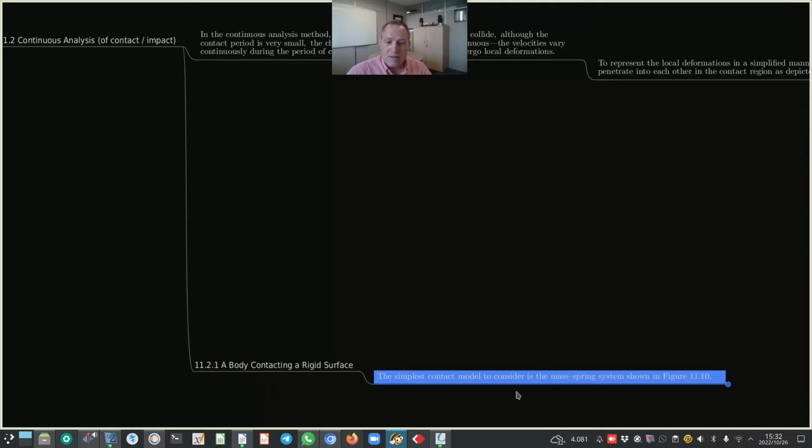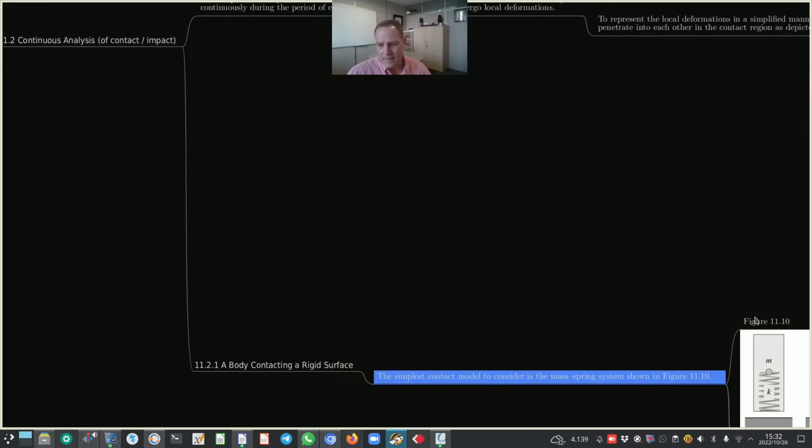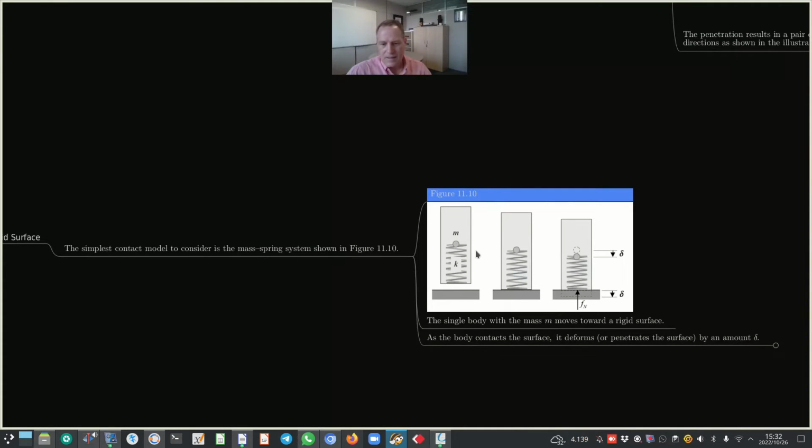The simplest contact model to consider is the mass spring system shown in figure 11.10. There are three schematics represented here, and we'll talk about each of them. The single body with the mass M moves toward the rigid surface. This is the left-hand side schematic. It is not making contact with the surface; it is busy moving toward it.